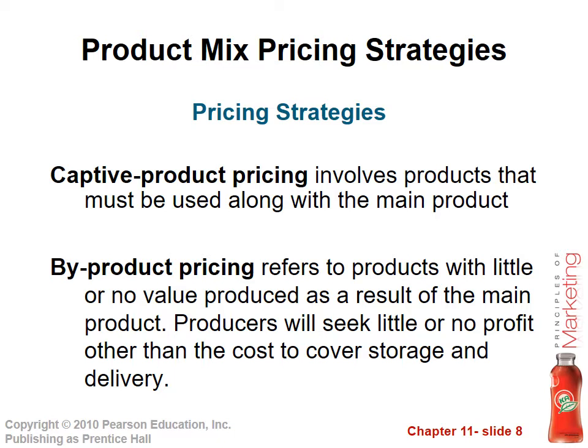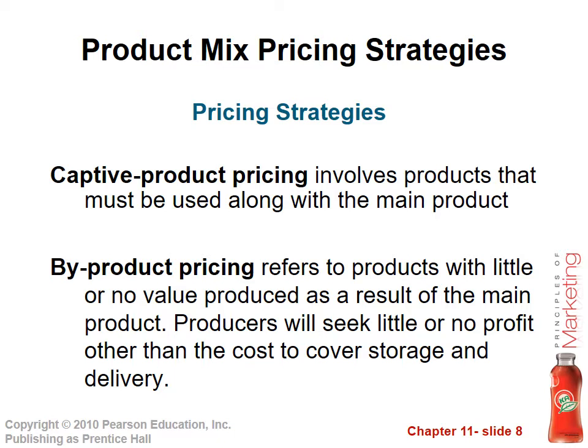You cannot say that I just want to have the smartphone, I don't want the charger because I still have my old one, and I don't want the earphone, so maybe you can reduce the price. So captive product pricing includes all the additional components for the main product.